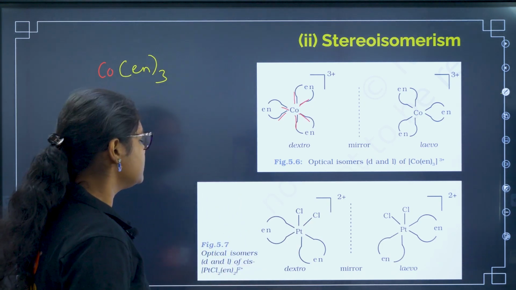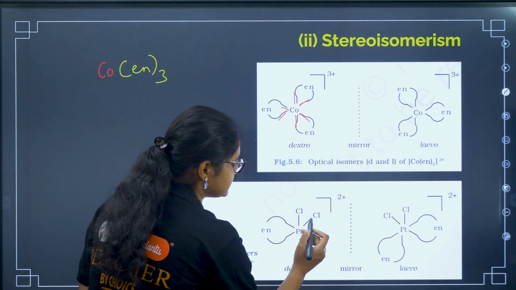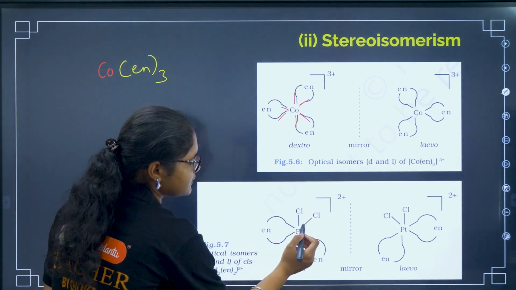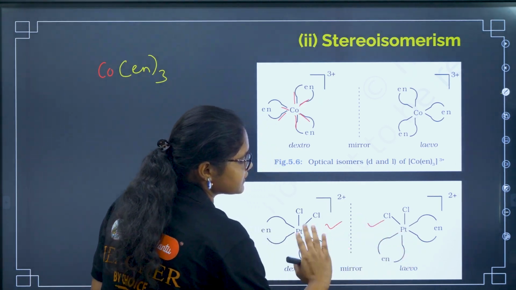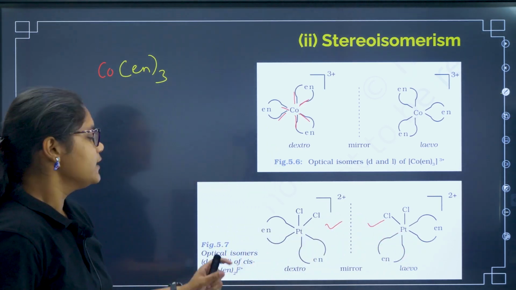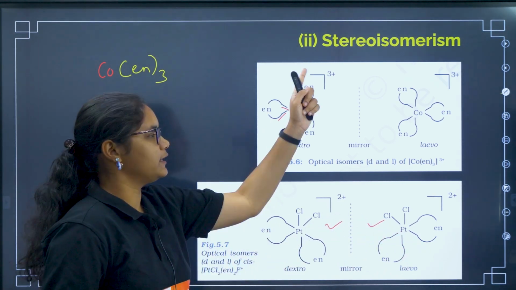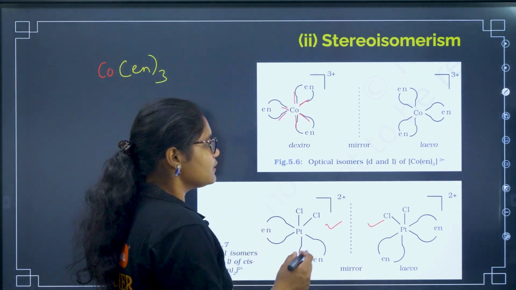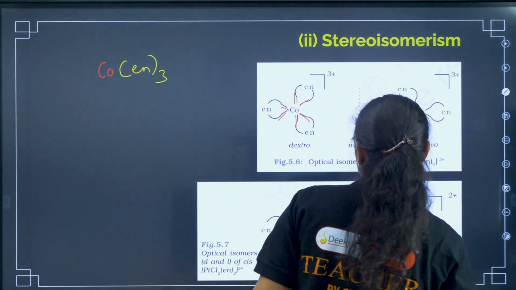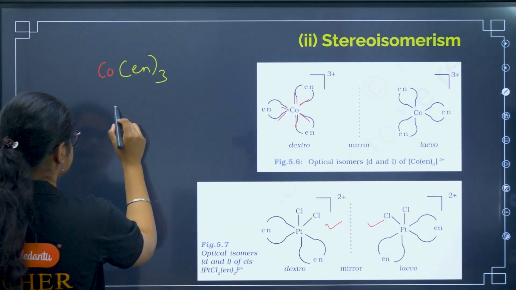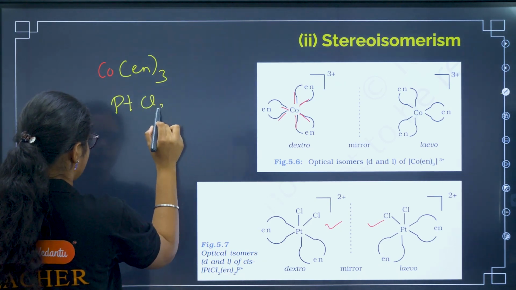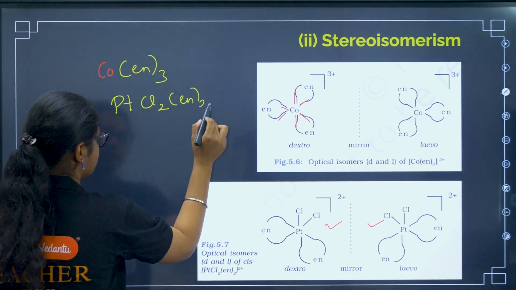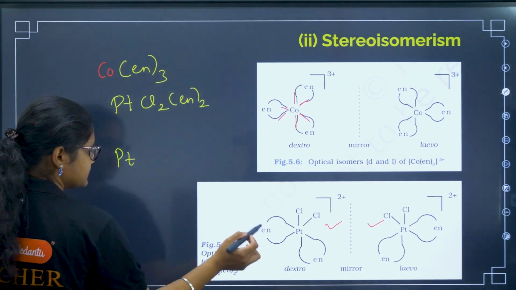Now similarly, if we have this one, PtCl2(en)2, you can see this image and its mirror image are non-superimposable. Okay. So if these are non-superimposable, they are your stereoisomers. Now what if we take the trans form of this one? The same compound PtCl2(en)2, its trans form I'll take. This is the cis form.